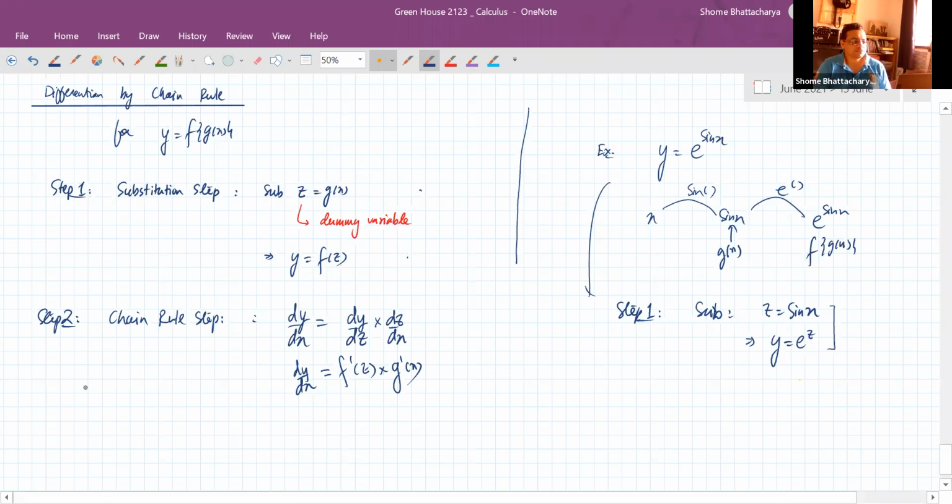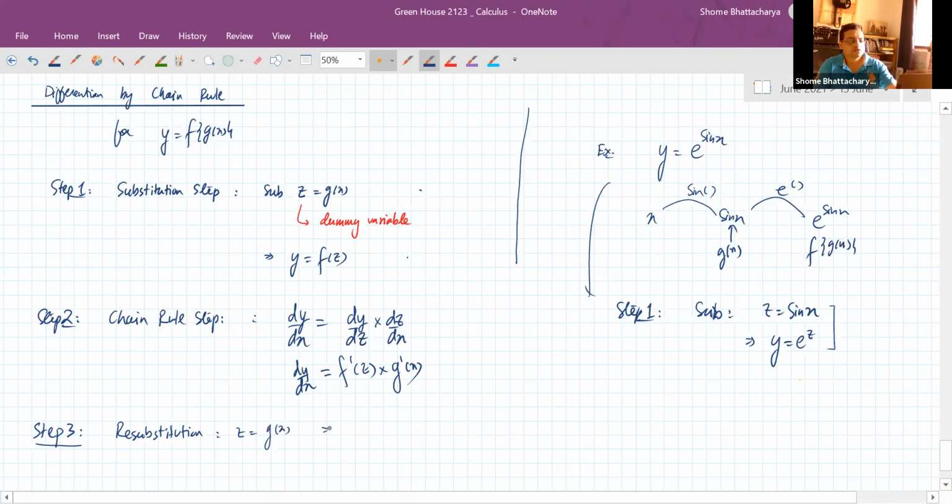So the final step, which most people don't even think of as a separate step, it's part of step 2 only, but I will write it as a third step just to make it more systematic. We call that the re-substitution step. We re-substitute the value of z as g of x, what we have done above, in the derivative.